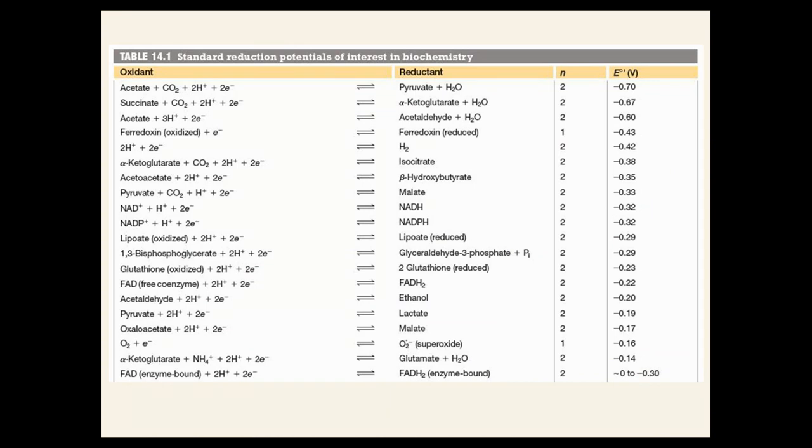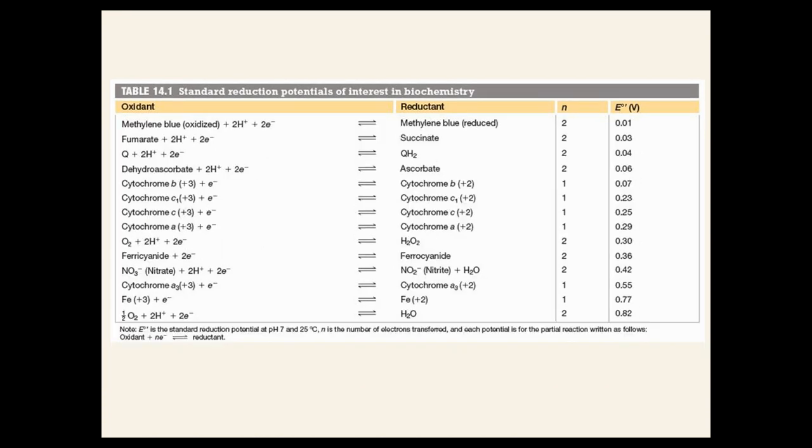These are what are called standard reduction potentials. These show the ability of a species to gain electrons. And I'm going to click to the next slide. At the bottom of the standard reduction potentials in biochemistry is this super important one: 1/2 O2 plus 2 H plus plus 2 electrons makes water.